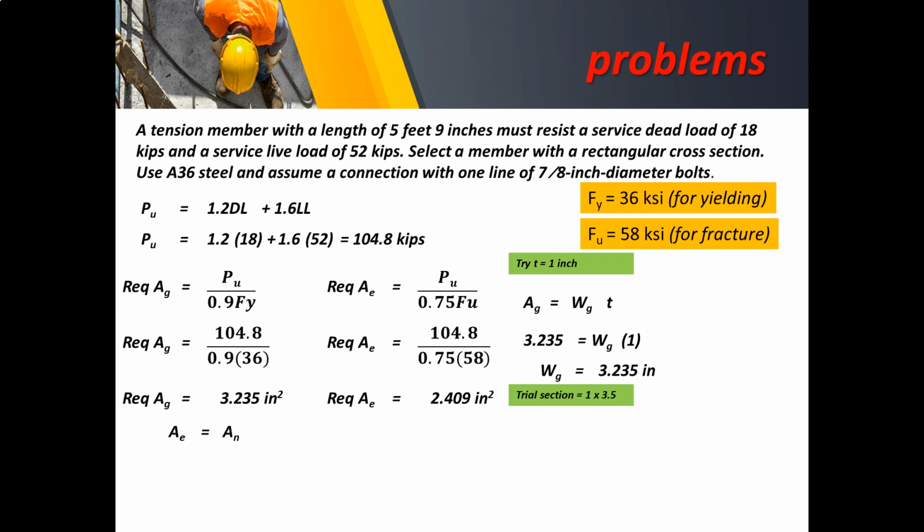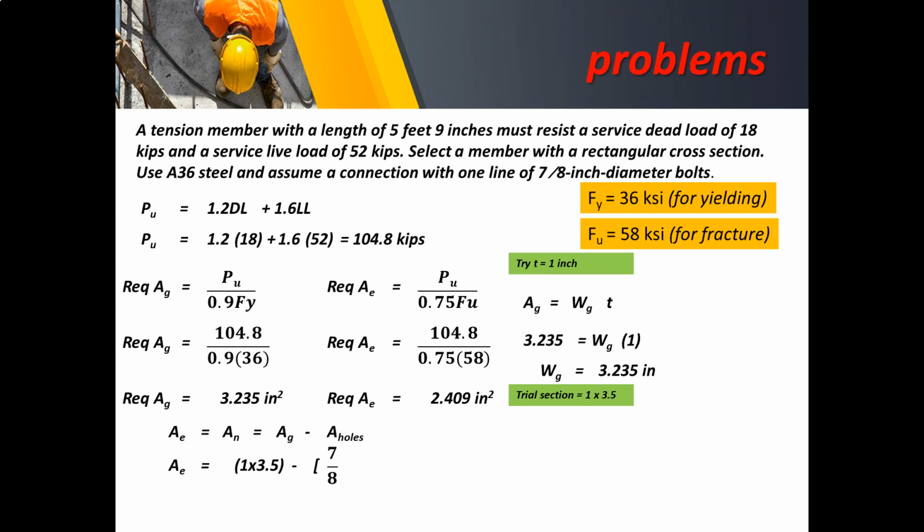So knowing that Ae is equal to AN, we compute AN as the gross area, and of course we deduct the area of the holes. Hence, the net area is given by AG, which is 1 by 3.5, minus the area of the holes.